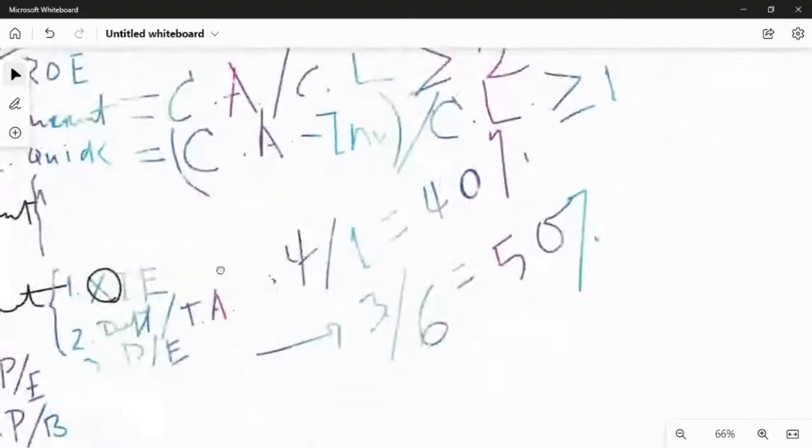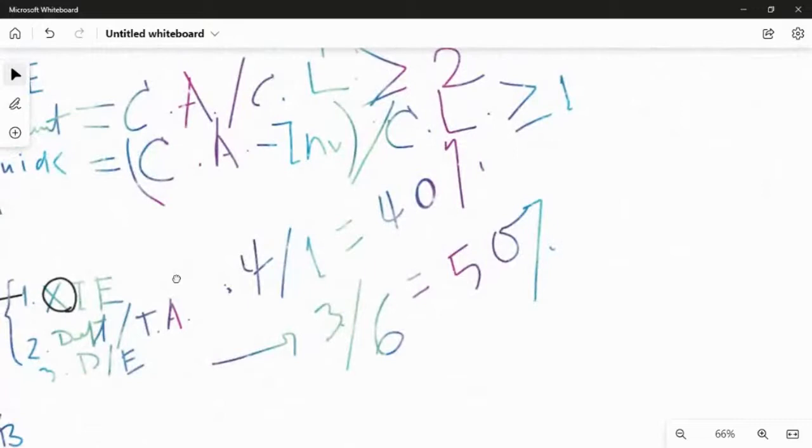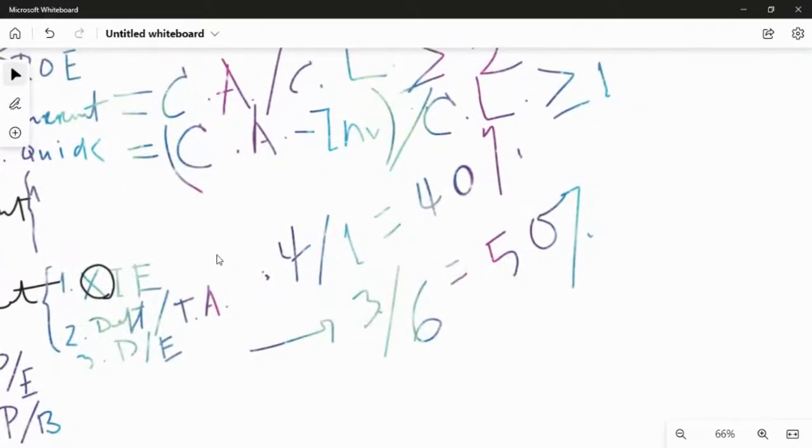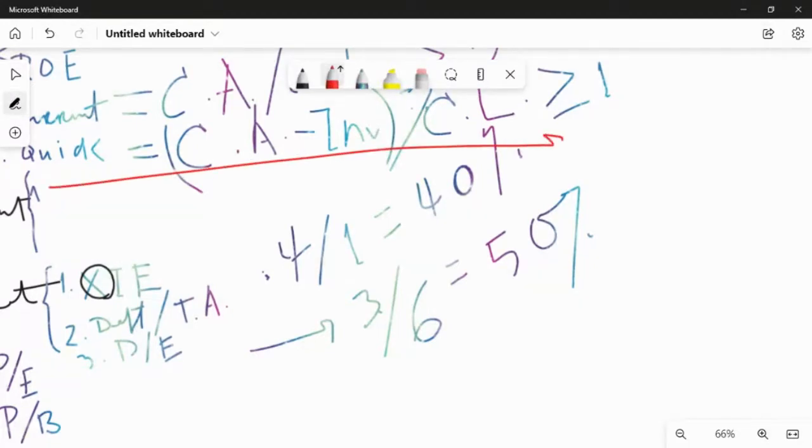So where do I put it? One is inventory turnover ratio. And inventory turnover ratio breaks into two.